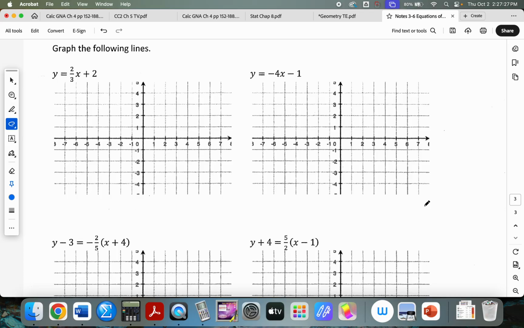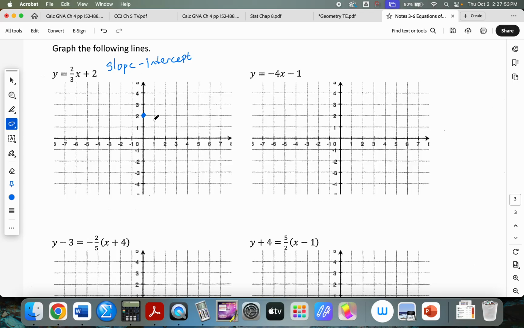These first two, you did a lot of these, or you have done a lot of these. This is in slope-intercept form. So you've got to plot the y-intercept first because you need a point to start from. The y-intercept is +2.